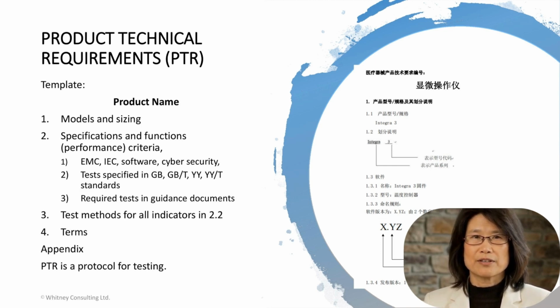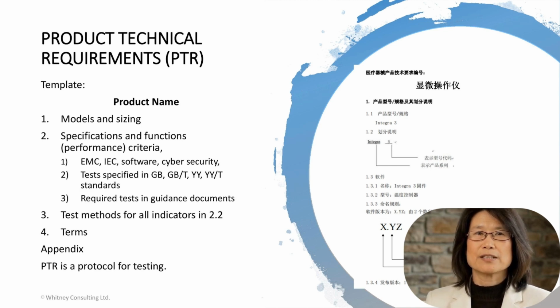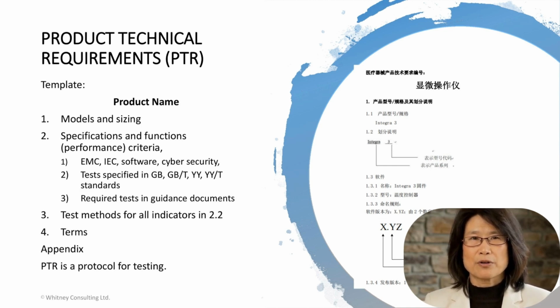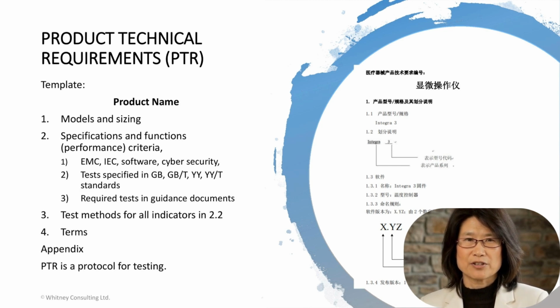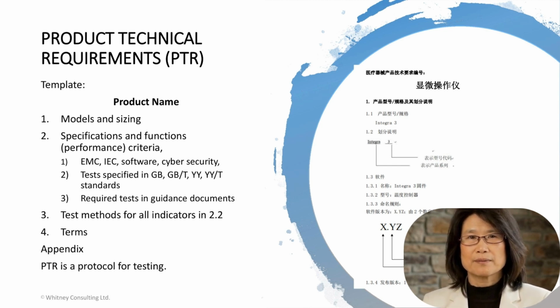Software version, cybersecurity information, and requirements from technical standards are included in this section. Section 3 is test method, corresponding to the specification listed in Section 2. Section 4 typically lists the special technical terms used in the PTR. Appendices are for lengthy testing methods that are too long for Section 3 and have to be listed separately.